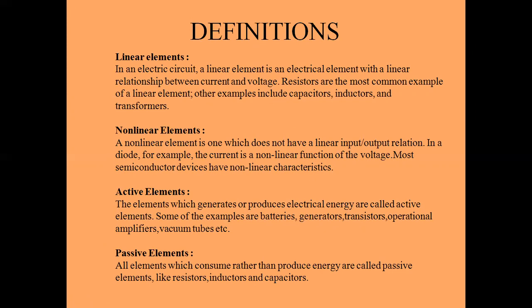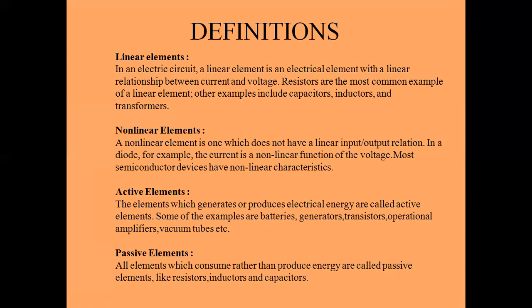So let us begin with the linear elements. What is a linear element? In any electric circuit, a linear element is an electrical element with a linear relationship between current and voltage. Whenever a linear relationship exists between current and voltage, that element is said to be a linear element.